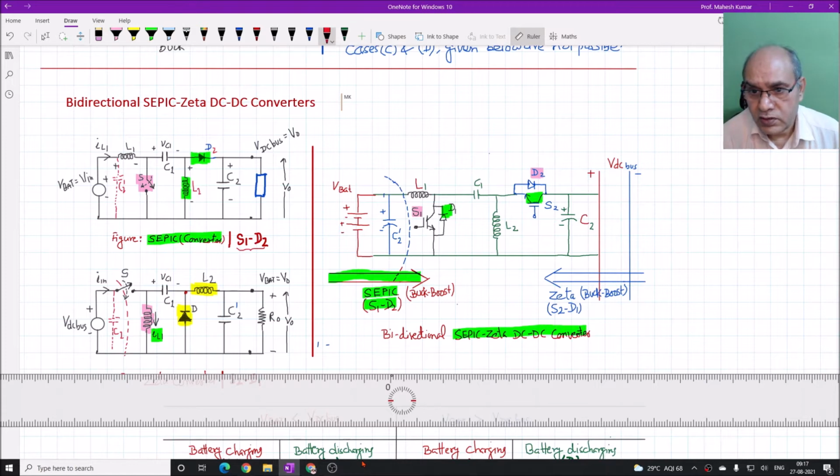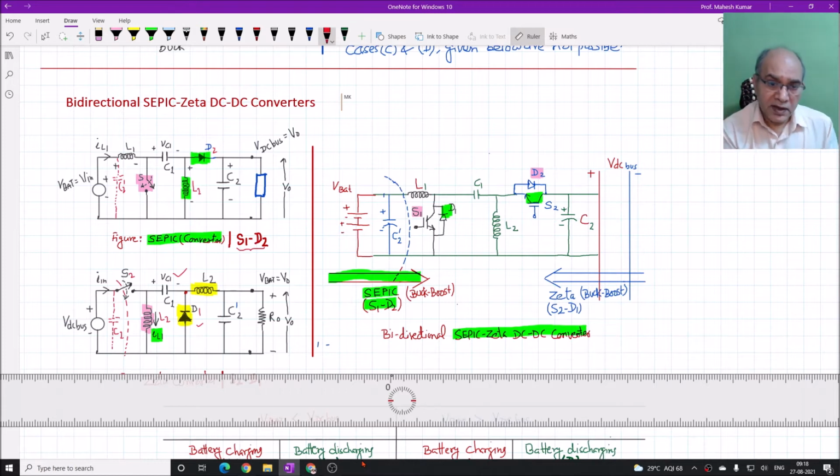Then comes switch S2, so this is S2. Then comes inductance, this is the inductance. What is this? L2, so this is L2 in fact, if you look from the receiver side. And then comes C1, this is C1. Then comes D1, this is D1. And then comes L1, L1 becomes L2 now, okay, and then C2 dash.